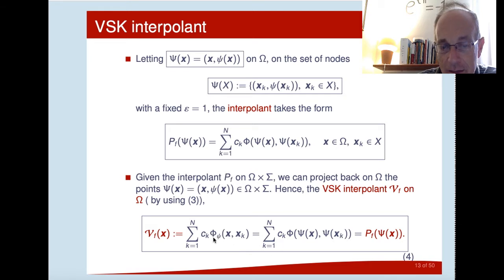So you have the kernel Phi of Psi, then we know that this is nothing else than the Phi of Psi of x_k, and so you see our VSK interpolant that we call V_f of x is nothing else than this P_f of Psi of x.